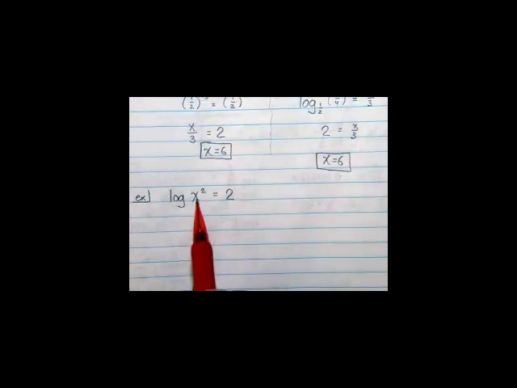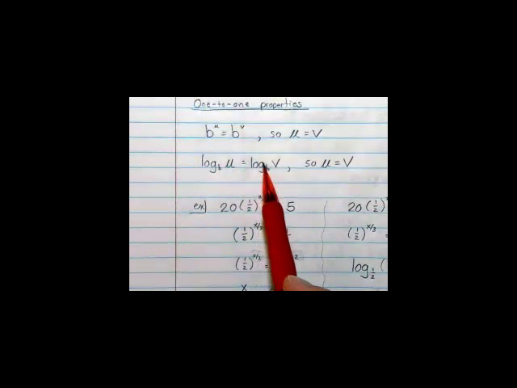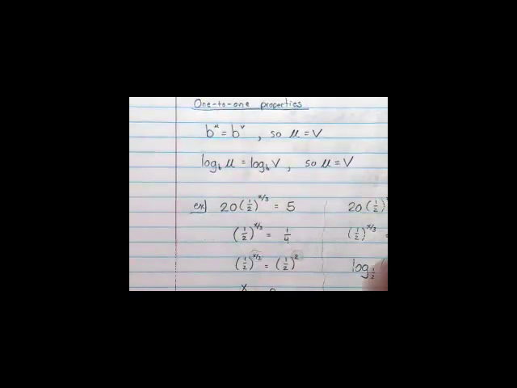Okay, so I've already isolated the log, which would be the first thing I'd need to do anyway. Okay, so that's already done. But if I'm going to use this one-to-one property that using the logs right here, I got to have a log of a base equals a log of a base, and the bases need to match so that I can use that. So I need to turn this 2 into a logarithm.